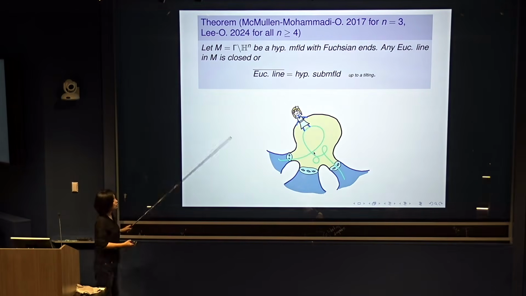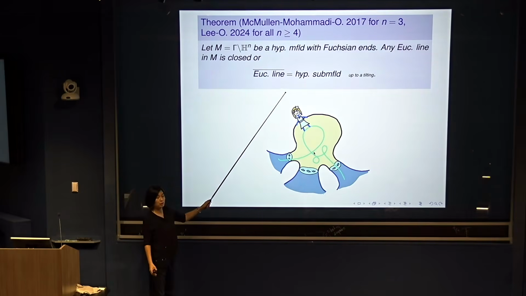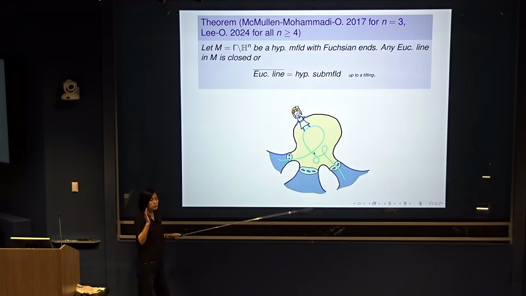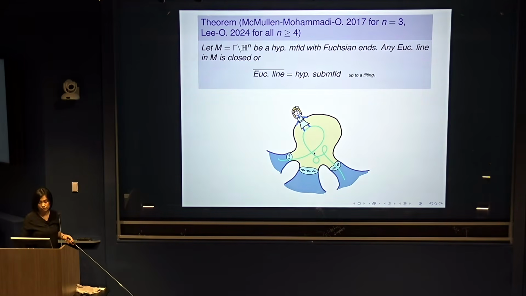Here closed means, again, it disappears into infinity, or the closure will always be another hyperbolic submanifold up to this tilting operation. So either you disappear or you get to see some hyperbolic submanifold, even in this infinite volume case. Does this hyperbolic submanifold itself have Fuchsian ends? A great question. Yes, but then I allow empty Fuchsian ends. Yes, it is.